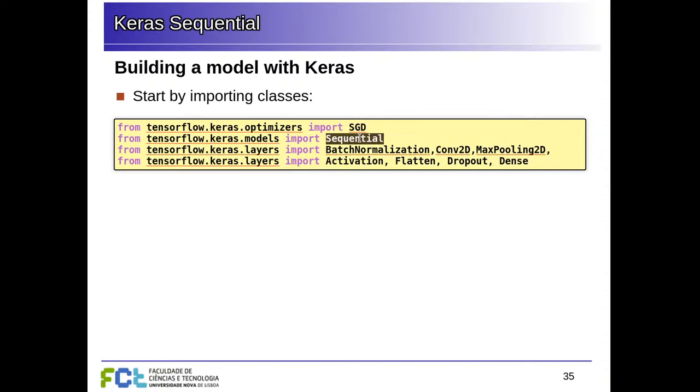We're going to see the functional model next week, when we need more flexibility to do other tricks, but for this first approach, the sequential model is easier to use, and it's enough. And now we can import the different layers: batch normalization, dropout, the dense layers, the convolution layers in two dimensions for the images, the activation layers where we specify the activation, and so on.